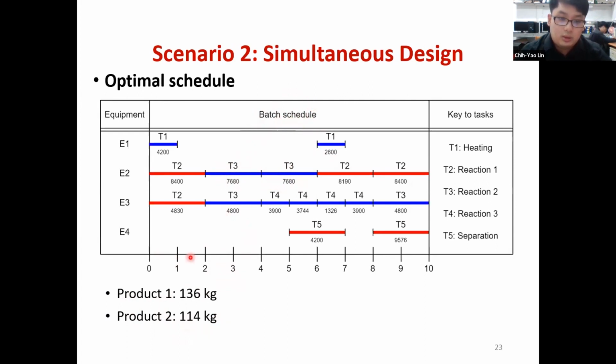In scenario 1, T1 is separated into period 2 and period 4. But in scenario 2, period 2's P1 is combined with period 4's P1 and arranged to period 1. So it can provide more chance of heat exchange.